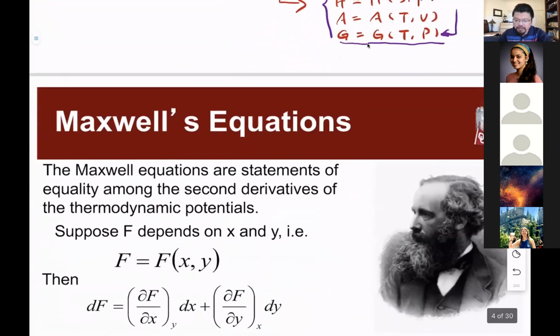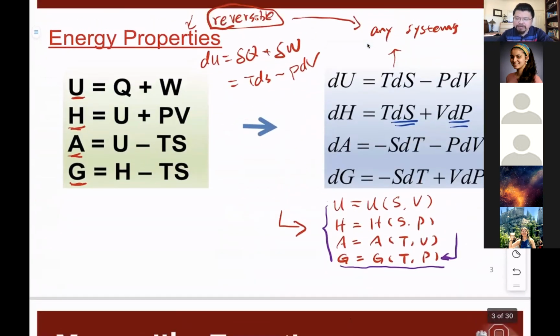Now, if we take a look at the derivatives, I hope that mathematically you can recall that we could have first order, second order, and third order derivatives. And from math, there's one theorem: if you are looking at the high order derivatives, the order does not matter.